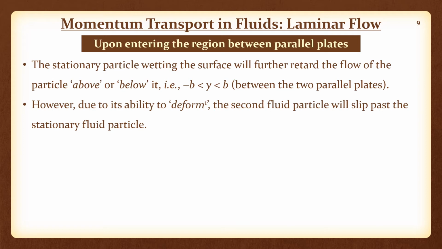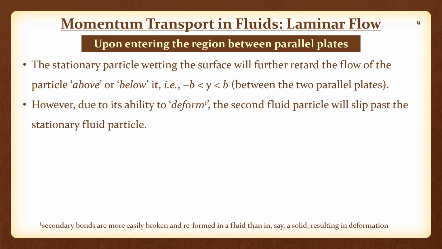However, what happens is, due to its ability to deform. What do I mean by deform? In a fluid, secondary bonds are more easily broken and reformed than in a solid. And therefore, now the secondary bonds are weaker, and therefore the second fluid particle will be able to slip past the stationary fluid particle.